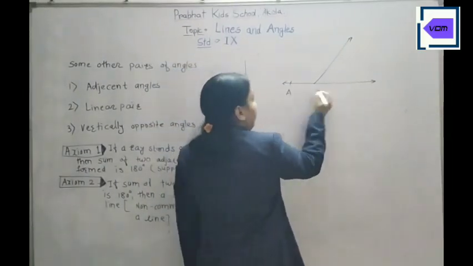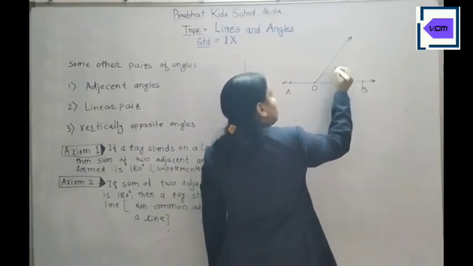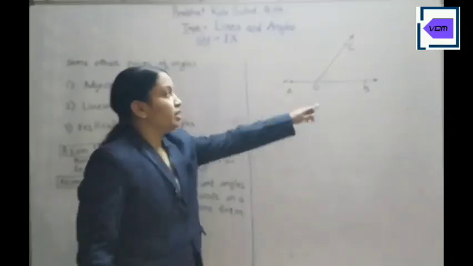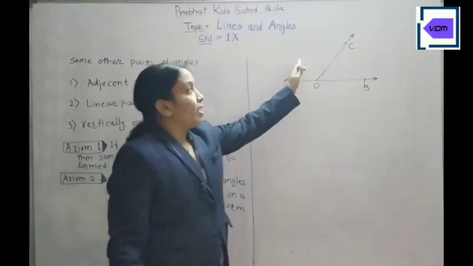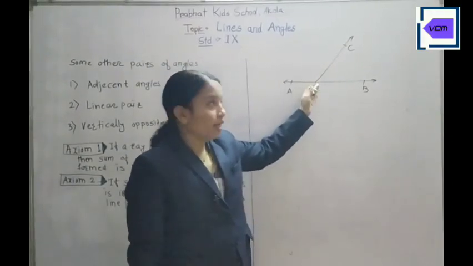Suppose line AB is given and ray OC stands on it. Obviously it stands from this side, the initial point. Now the angles so formed are obviously adjacent angles as OC is common.